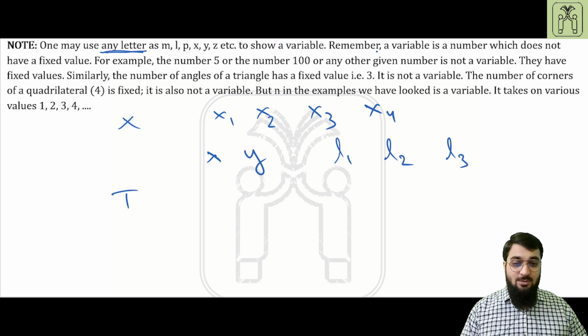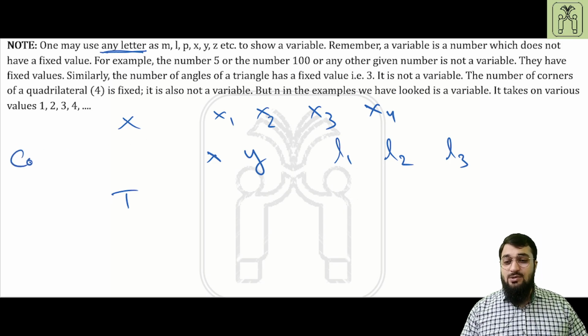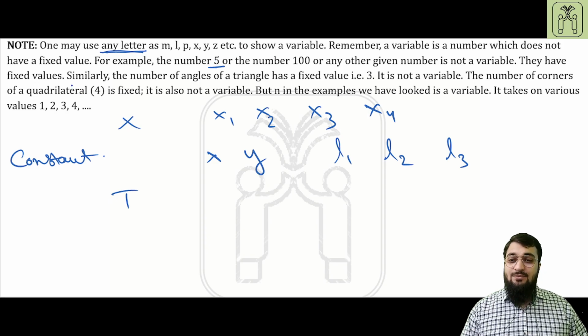to show a variable. Remember, a variable is a number which does not have a fixed value. For example, the number 5 or the number 100 or any other given number is not a variable. That is a constant, because its value is defined and it will not change. They have fixed values.